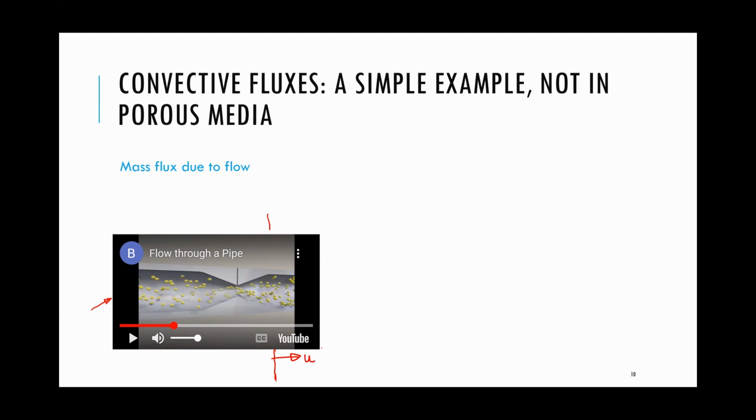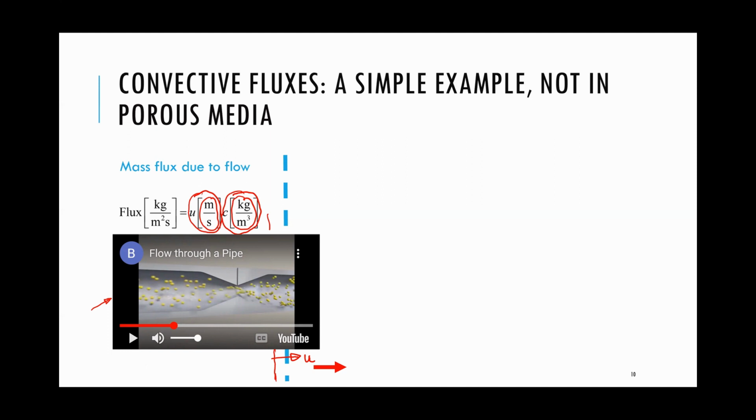Okay, so with that velocity u, the mass flux at this location is given by u times c. So how much is there times the velocity?